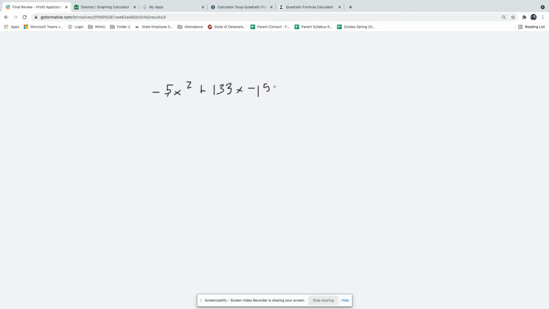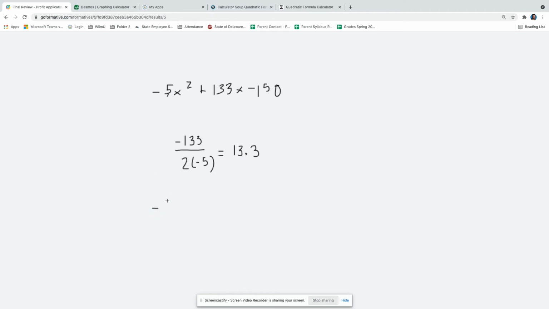And to find the vertex with algebra, what you do is you're going to take the negative b value, negative 133, and we're going to divide it by 2 times a, so 2 times negative 5. I'll save you a little bit of work. That's going to end up being 13.3. That's not an accident because we've already found that to be 13.3 on the graph as well.